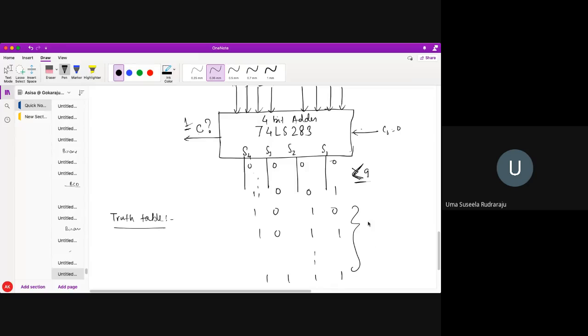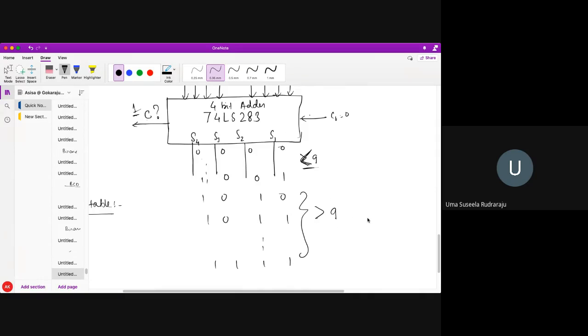These outputs, which are greater than 9, require correction. Required correction means the output of this error circuit will be 1. For no error, the output is 0. Understand, students?